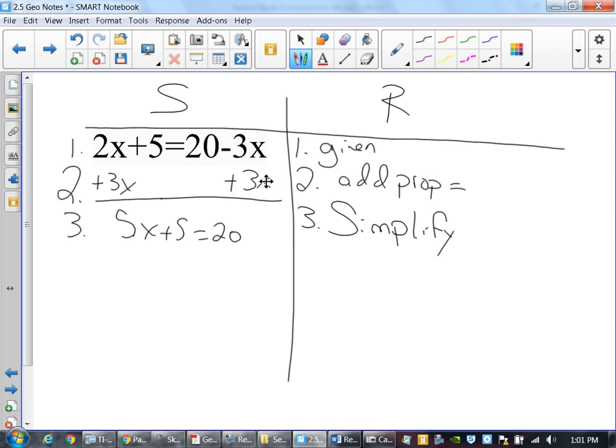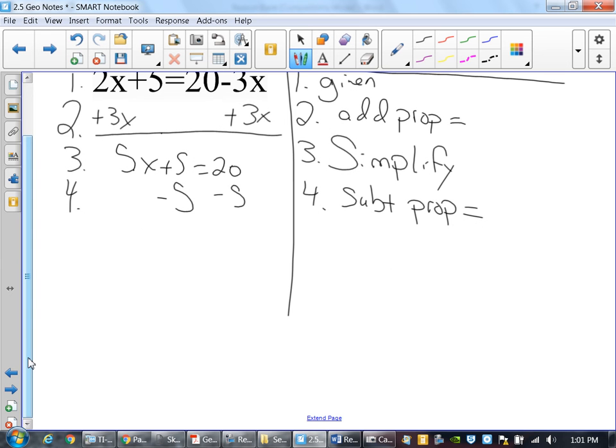Subtracting 5, so what's the property? I subtracted the same thing on both sides. What is that going to be called? Subtraction property of equality. Very good. I kept the same thing on both sides. Gee, what do you have to do now? Not solve. I'm simplifying again.